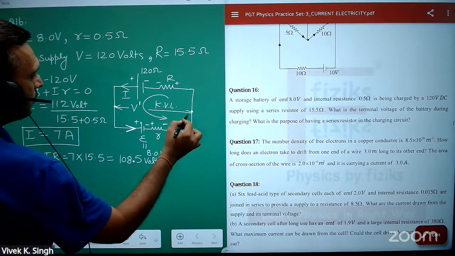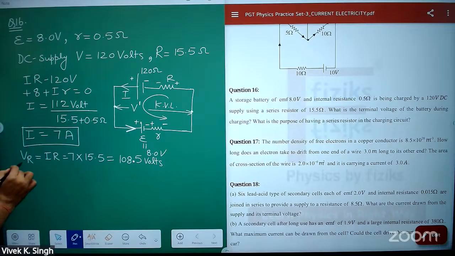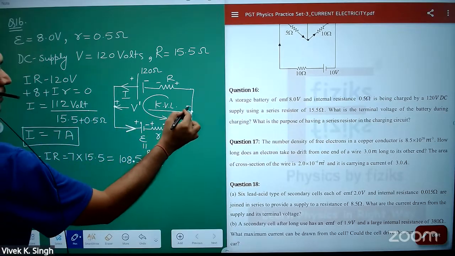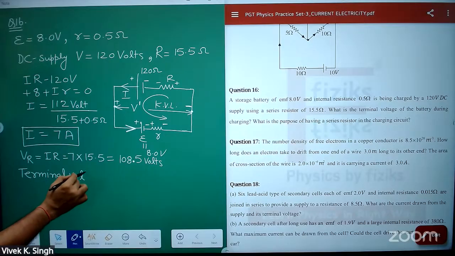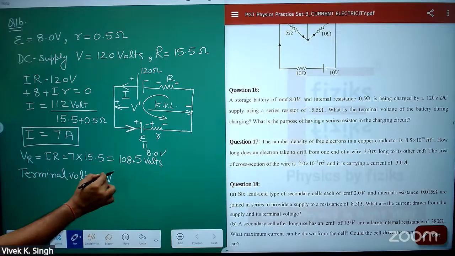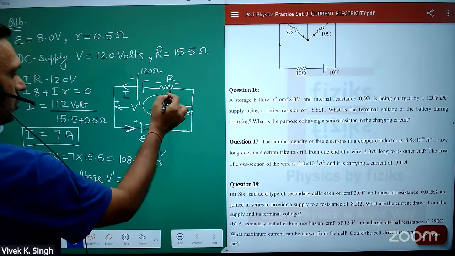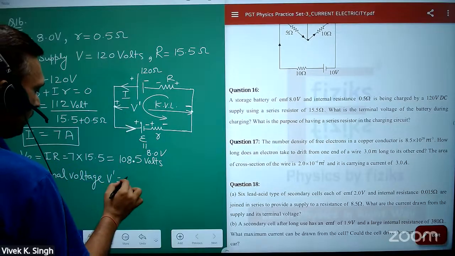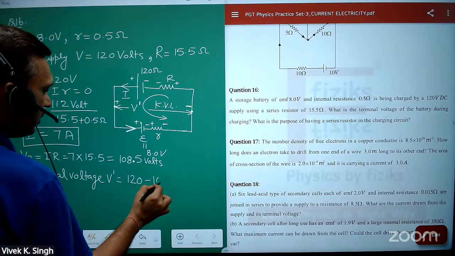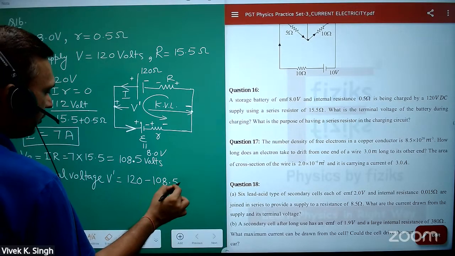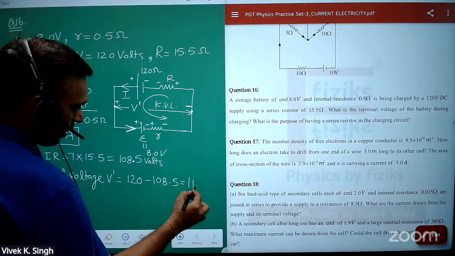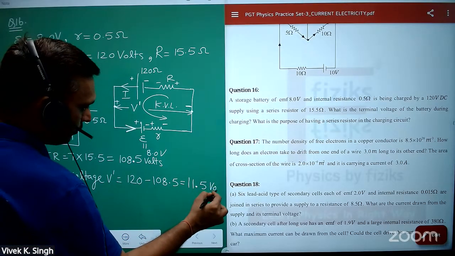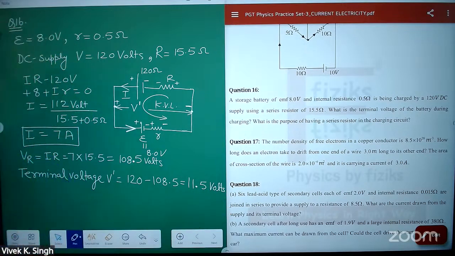So terminal voltage V dash will be given by, because the drop is 108.5, this is 120 minus 108.5. So this is 11.5 volt. This is the terminal voltage.